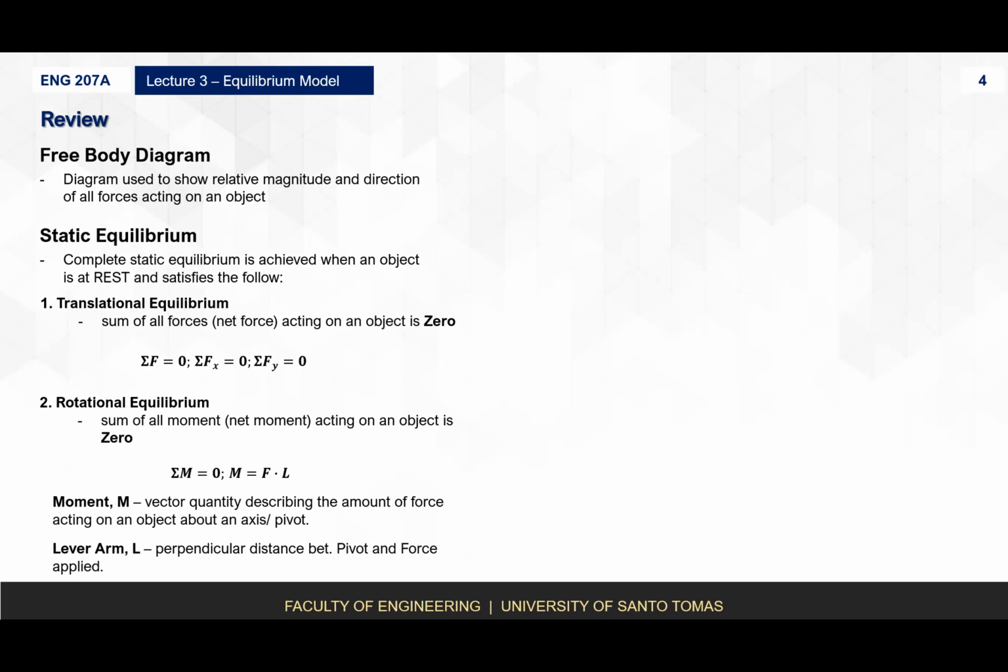When I mentioned moment, it is simply a vector quantity. It's the force applied perpendicular with a perpendicular distance to its center of gravity or about an axis or pivot. So the lever arm is just the distance between the pivot point and the force being applied.